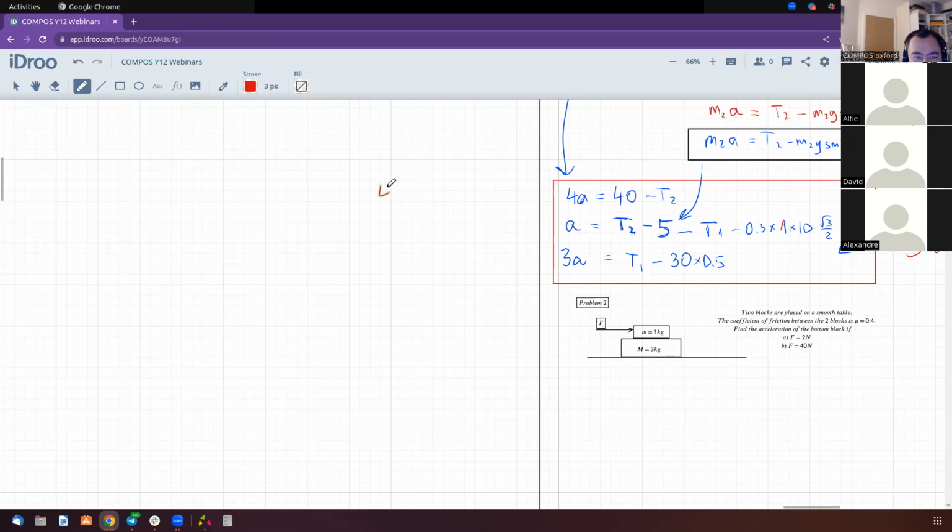So what can you do here? 4a equals 40 minus T2. Now you can add the second and third one. So 4a is equal to T2 minus 5 minus 15, so minus 20.